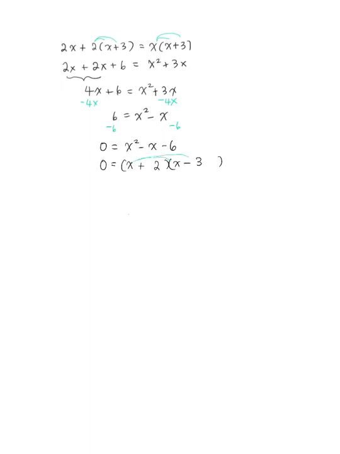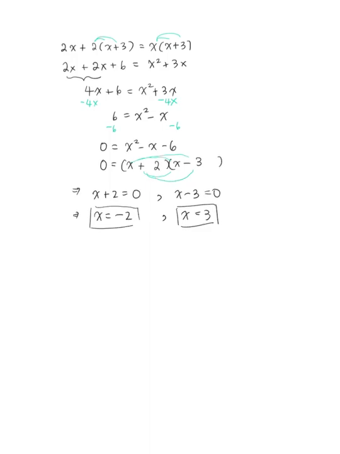And I have minus 3x plus 2x, which will give us negative x, and then minus 6. Alright, this works. So that implies that either x plus 2 is 0 or x minus 3 is 0. So this implies that x is negative 2 or x is 3. Let me box both of them.